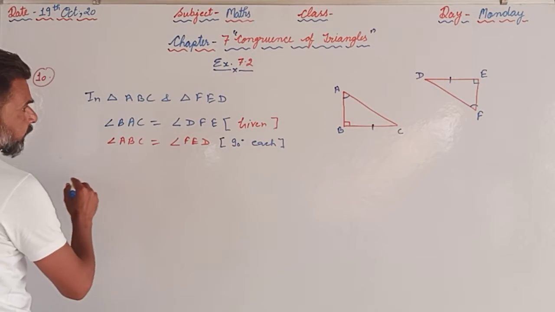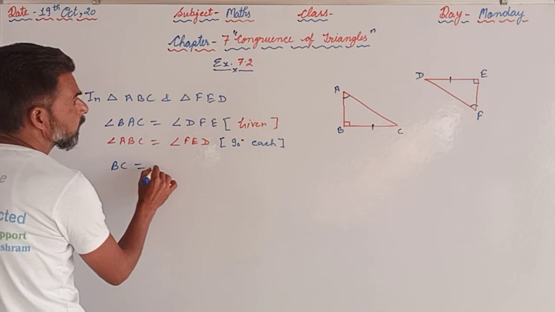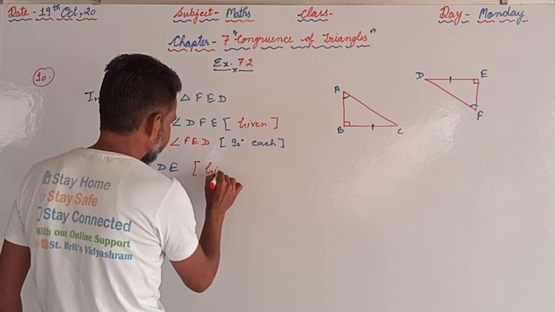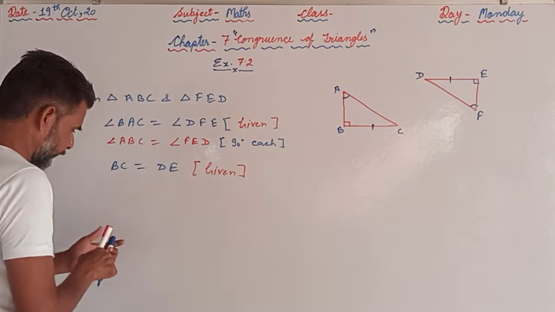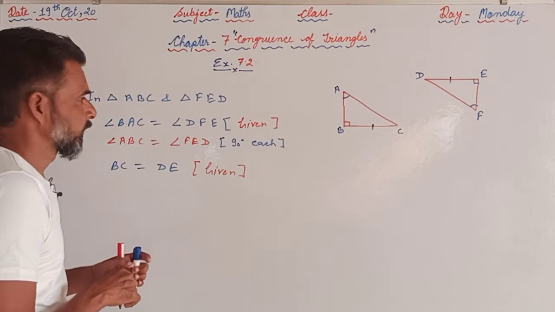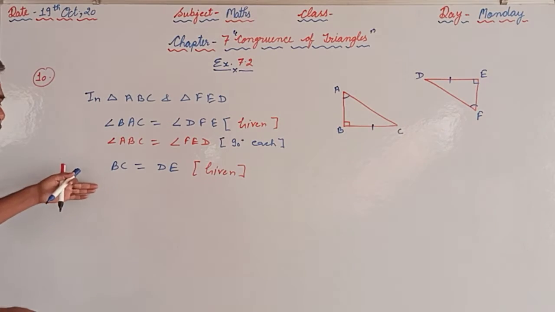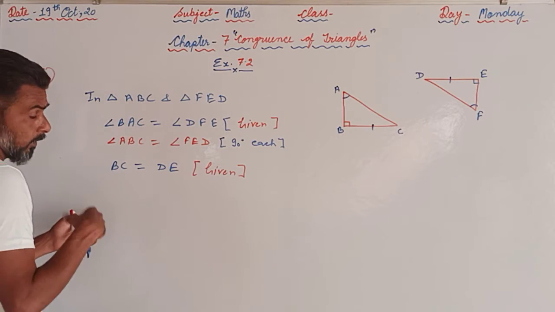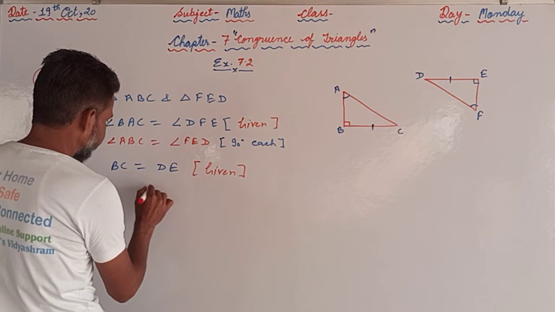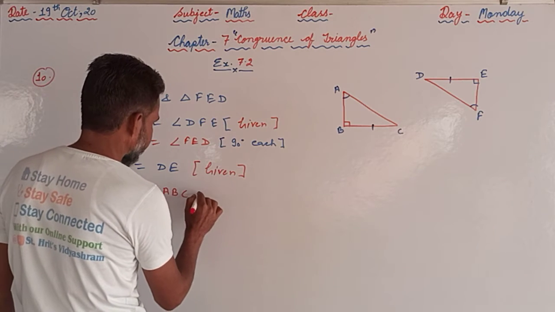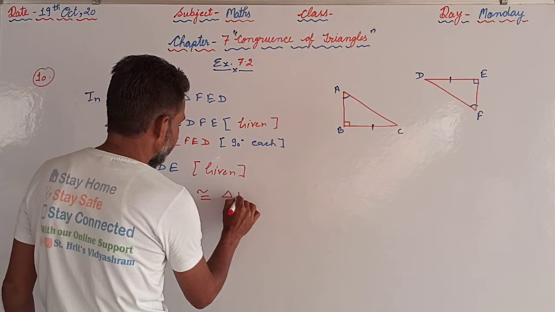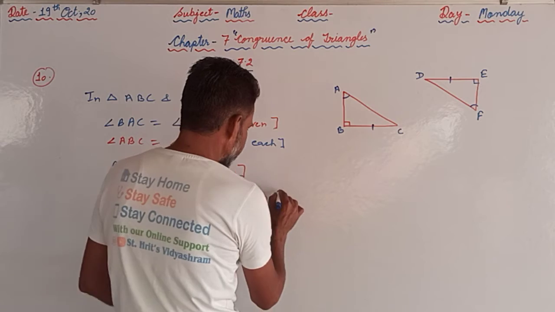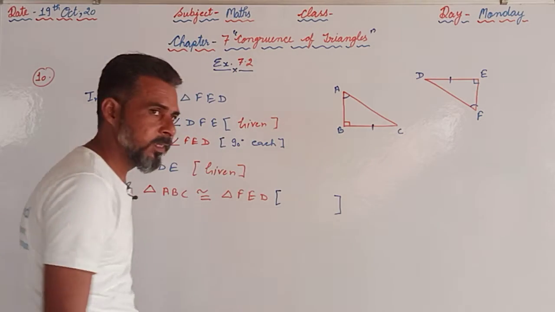Now after that, it is also given that BC is equal to DE, that is given. Now we got three things: two angles and one side, which are equal and are corresponding parts. So we can say that triangle ABC is congruent to triangle FED. Now the most important thing is remaining, which criteria we are using here.